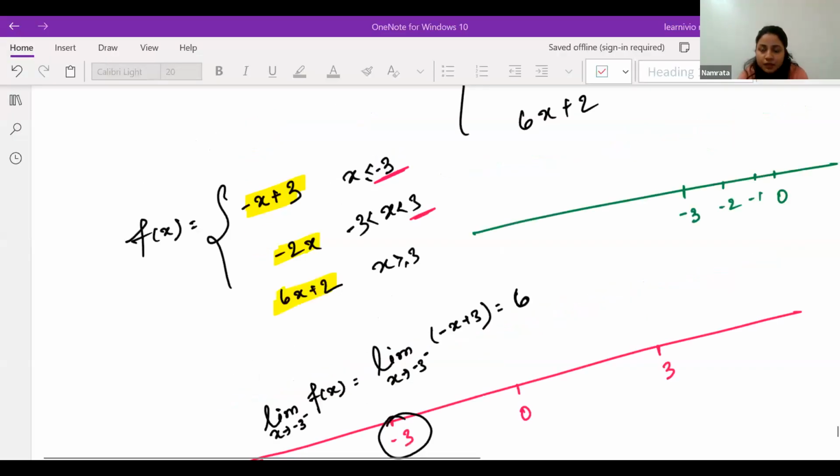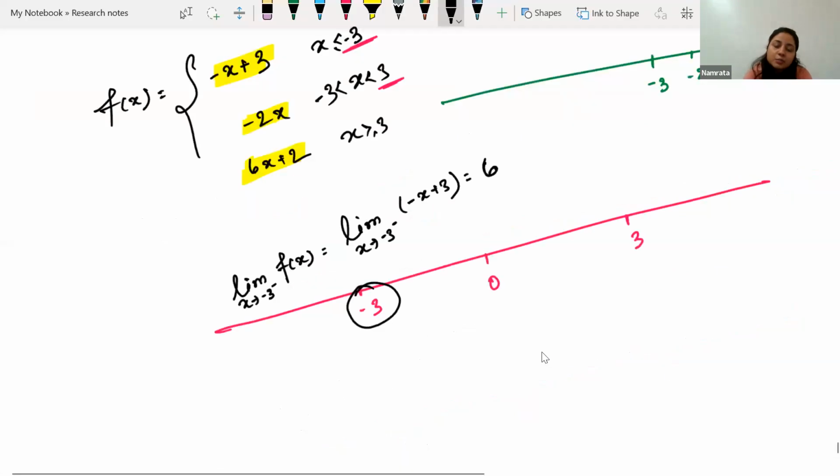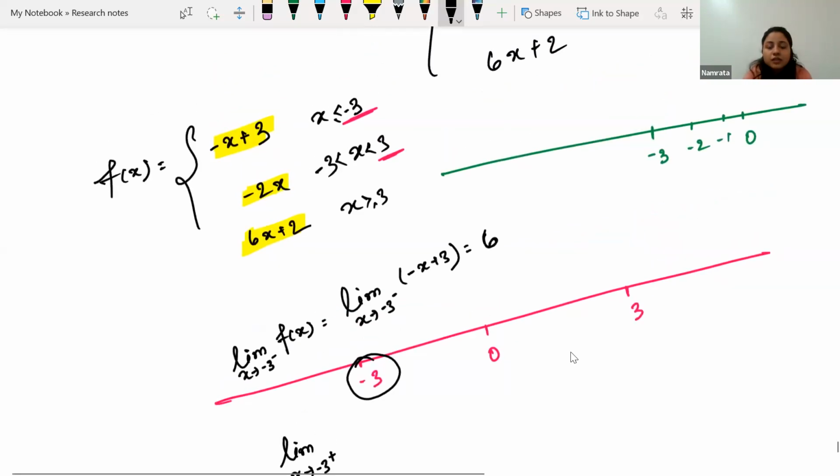Yes. Let's take the right hand limit. So limit x tends to -3 plus. That means greater than -3. Here the function where the x value is greater than -3 is -2x.